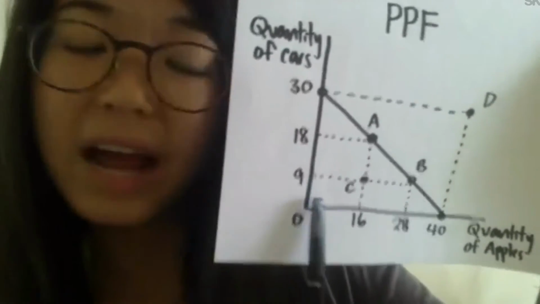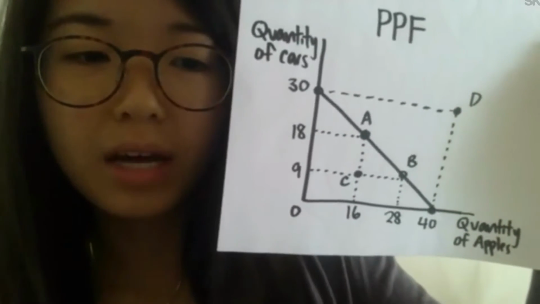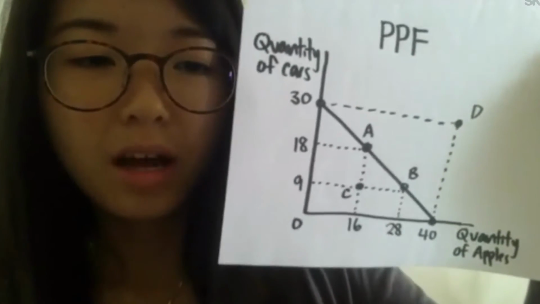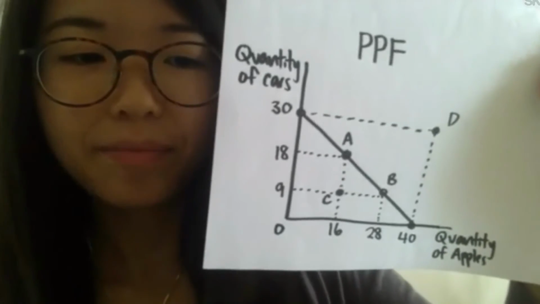So for example, 9 cars and 16 apples, because it can just decrease its production, but it just wouldn't be using all its resources efficiently.